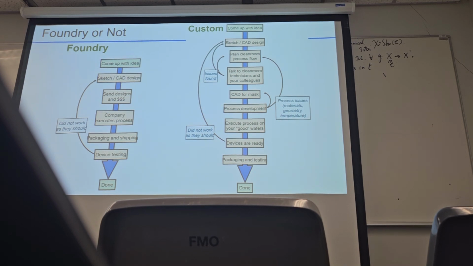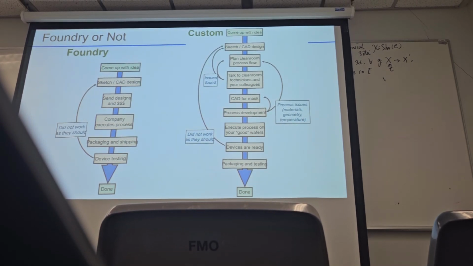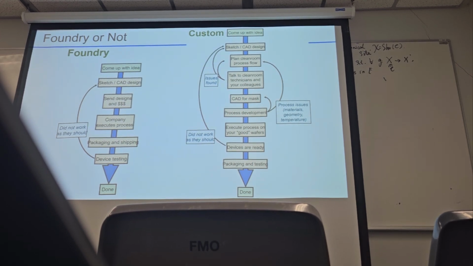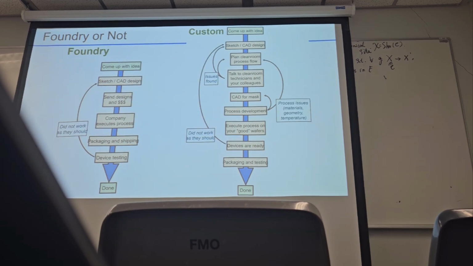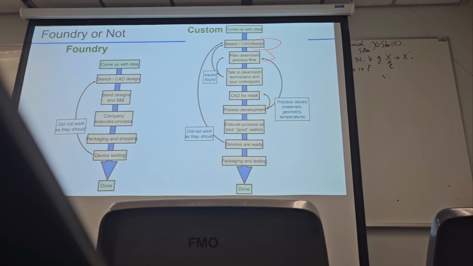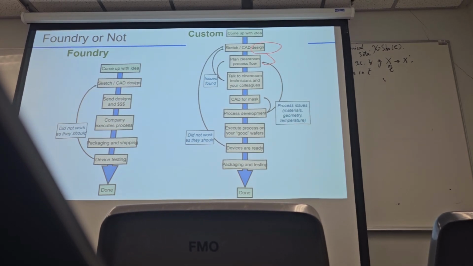And for some companies, they have their own foundry, so they can do things themselves with more details and have a quicker response. For example, you have the design, you draw the layout, and if this is a new product which has never been fabricated, you need to plan the clean room process flow.